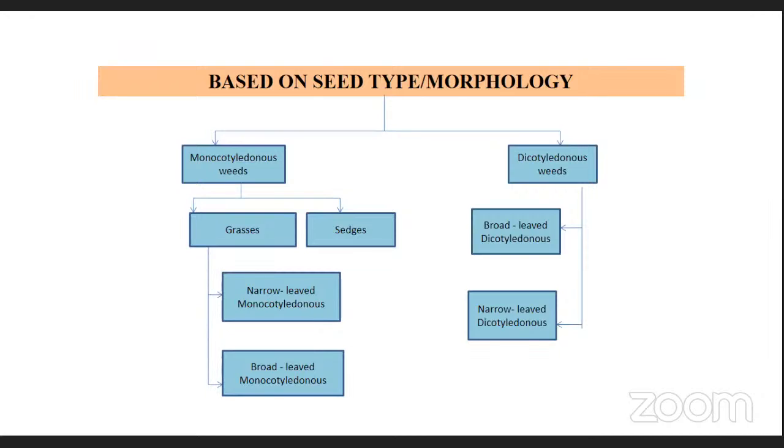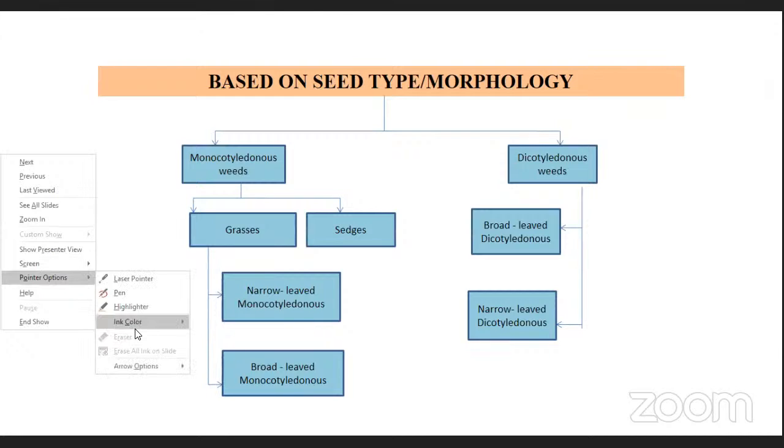Can anyone tell me the difference between monocotyledons and dicotyledons? Mono means single cotyledon.